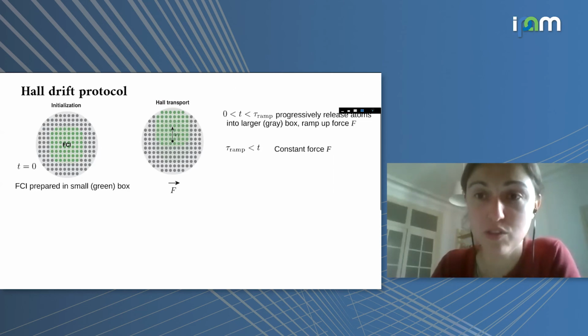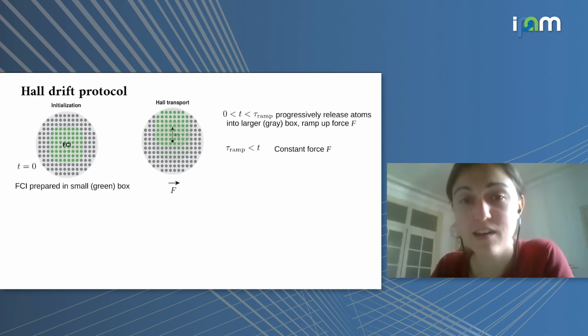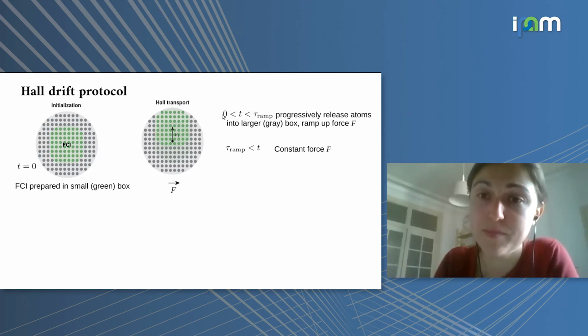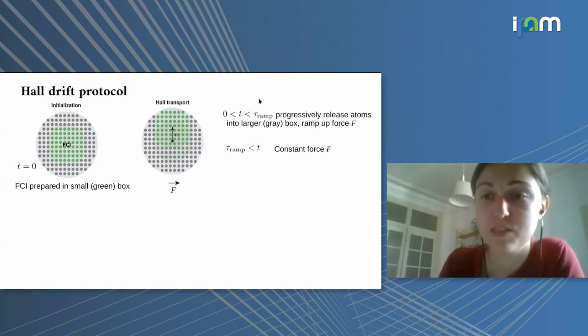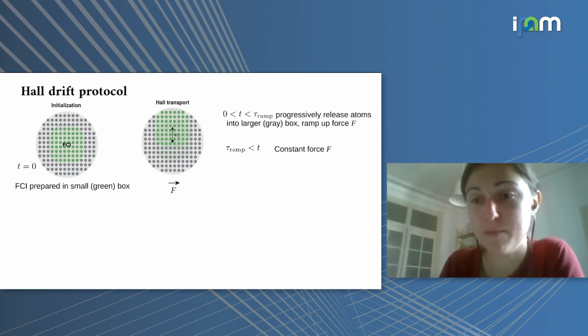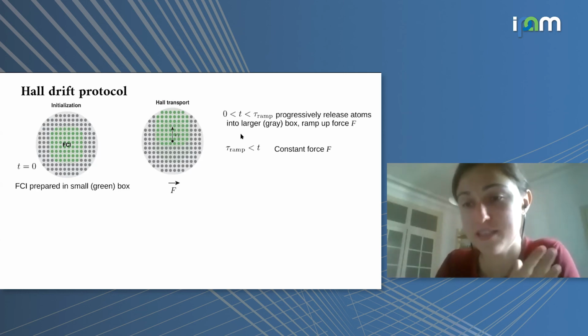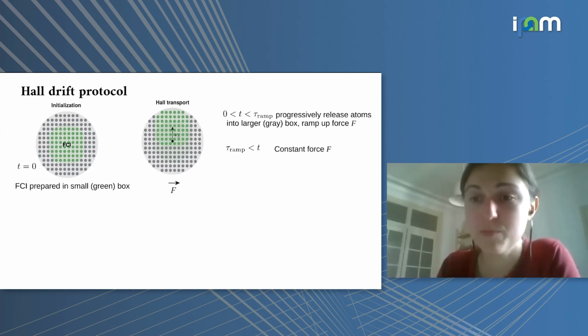More specifically, during an intermediate time from 0 to tau ramp we progressively release the atoms into a larger box, and at the same time ramp up the force. And then after this small regime, we hope to reach a stationary regime and keep the force constant.